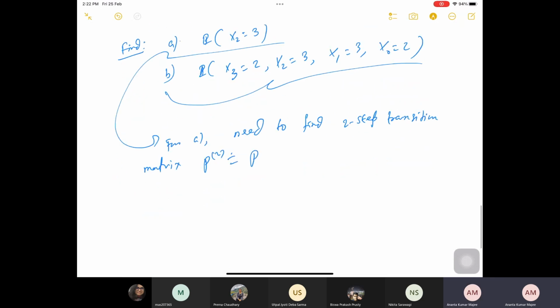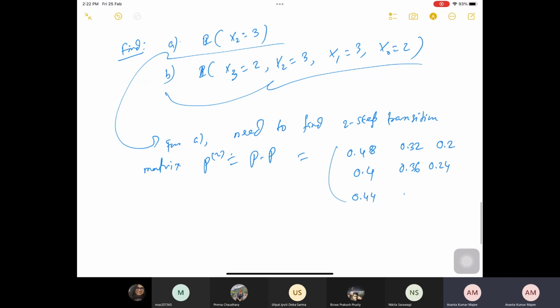This is nothing but P times P. Now if you do this matrix multiplication, you check yourself, I may be wrong, it will be something like 0.48, 0.32, 0.2, 0.4, 0.36, 0.24, then 0.44, 0.32, 0.24. Okay, this is my two-step transition matrix.